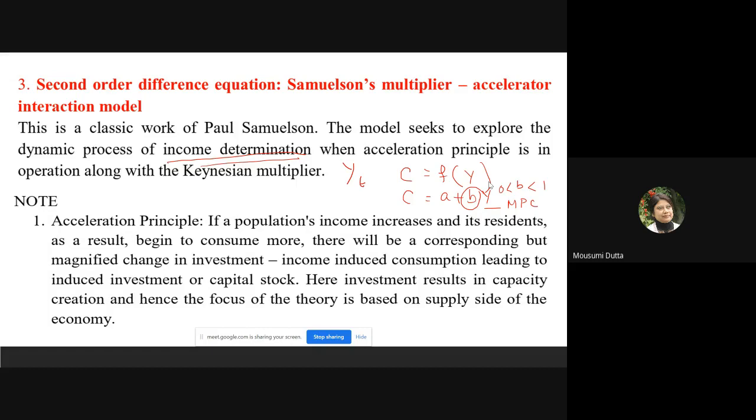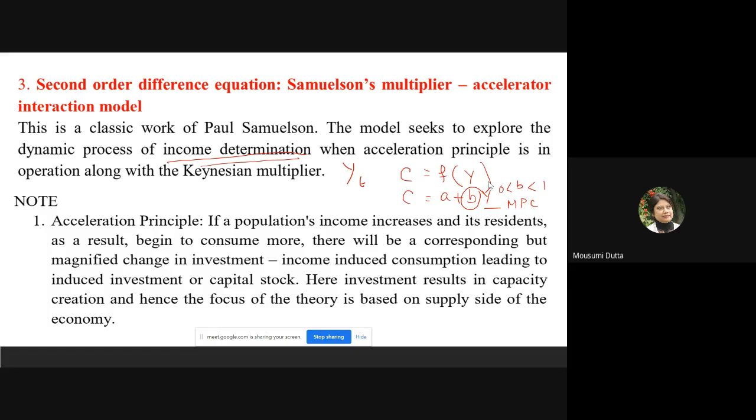So what happens if you consider the poor, or the income group which is below or up to middle income? You will find that whatever the people are earning, mostly they are consuming.